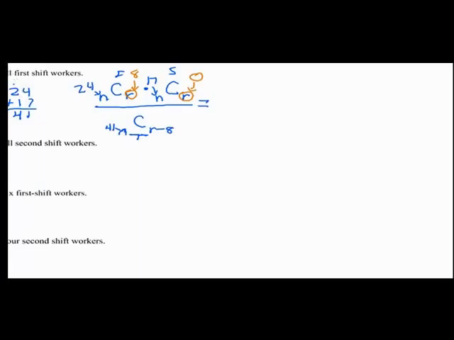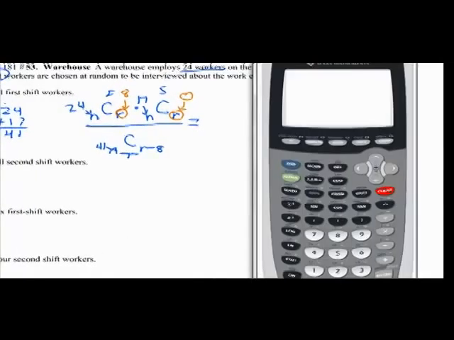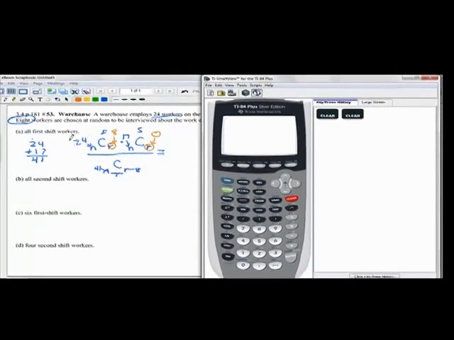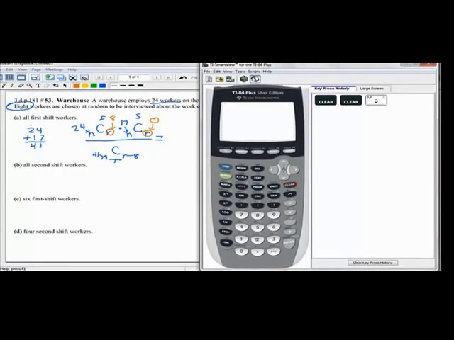So let's do that in our calculator. We're going to start with the 24. These are combinations, so to get our combination, we go math, over to probability, number 3. We're going to choose 8 of those, times 17 choose 0. You don't have to do this part because 17 choose 0 is just going to be 1, but it's going to help us use our calculator in a minute.